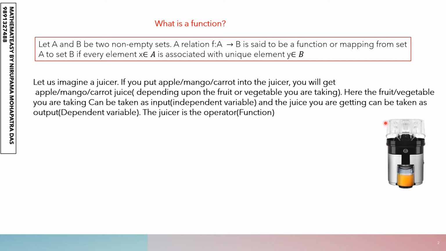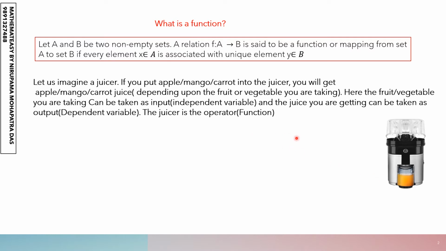So depending upon the fruit or vegetable you are taking, you will be getting the juice. Here the fruit or vegetable which we are taking to grind may be taken as input and the juice we are getting is taken as output.